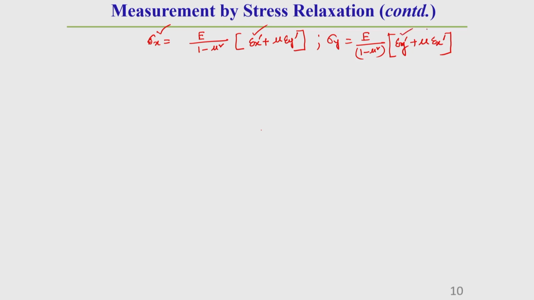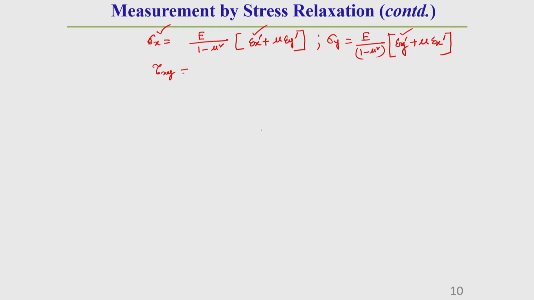By using these two equations we can easily find out the stress distribution along the x direction and along the y direction. We are finding this out by using the strain gauge rosette. For that we generally use 3 strain gauges. So, sigma x, sigma y we find out.